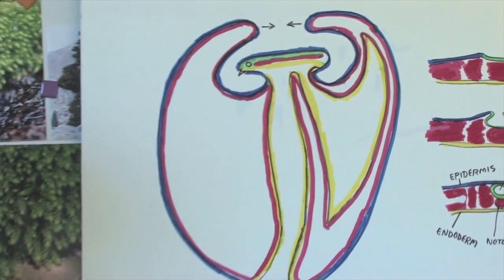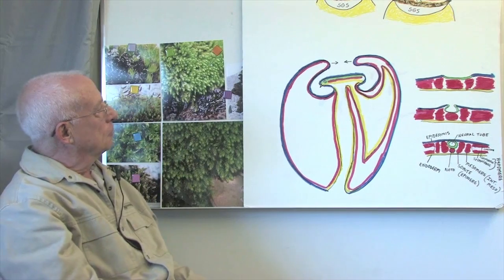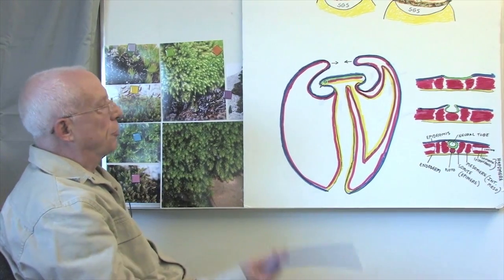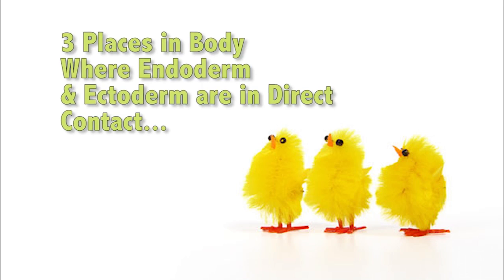Something very interesting about the endodermal tube, and that is that there are only 3 places in the body where the endoderm and the ectoderm are in direct contact with each other without the intervening mesoderm.